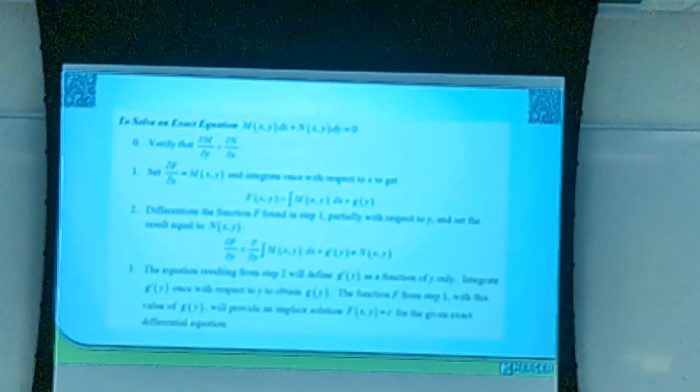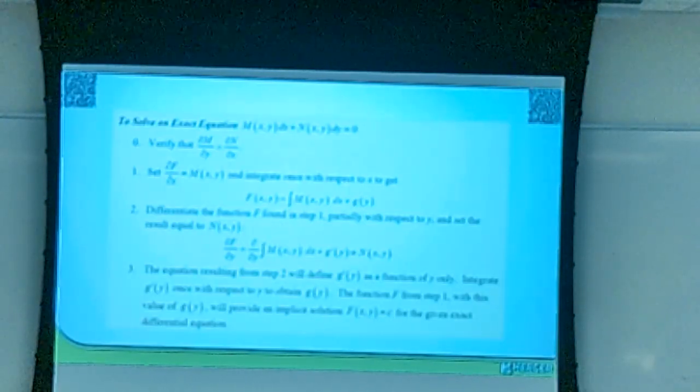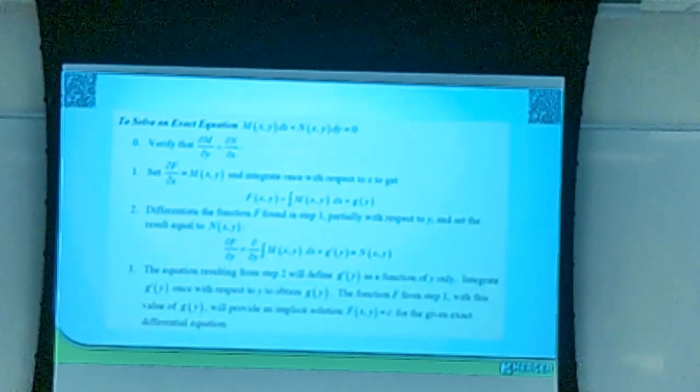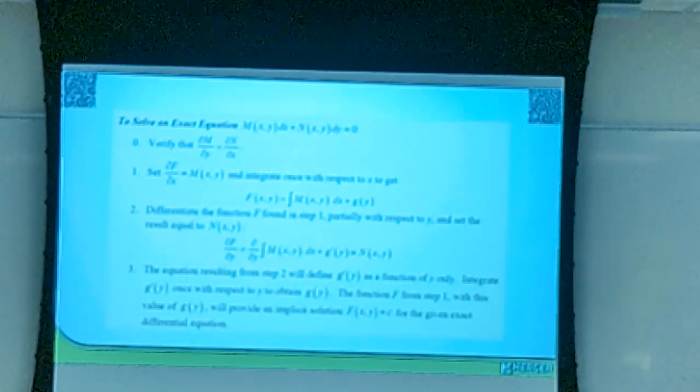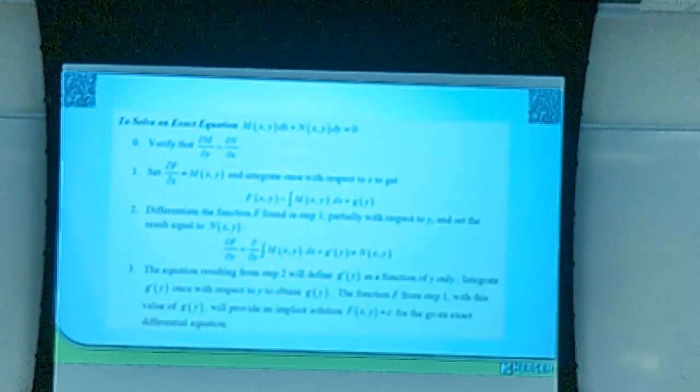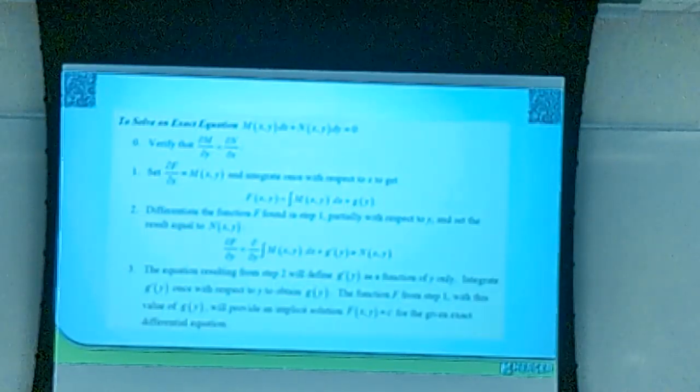That will give you some antiderivative plus a function strictly of y, because the partial of a function only of y with respect to x is 0; it's treated as a constant. Then your goal is to find that g of y.